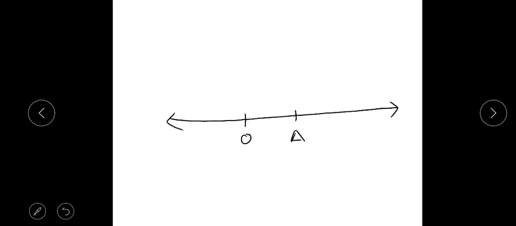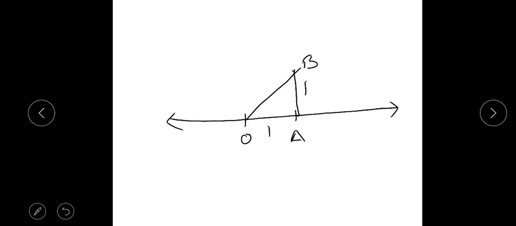Let's understand it again. This is a number line. We will take initially 0 and mark a point A, which would be 1 unit, and we will draw a perpendicular AB, which is also of 1 unit. Join OB.